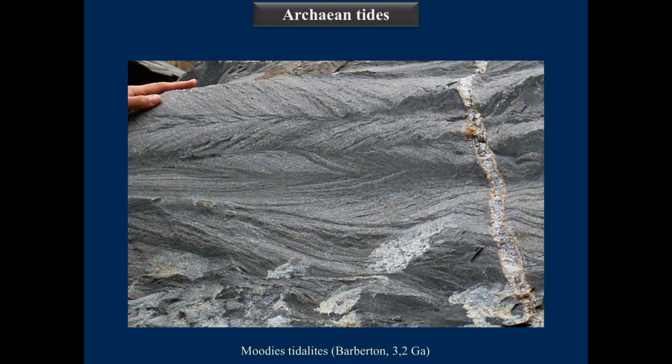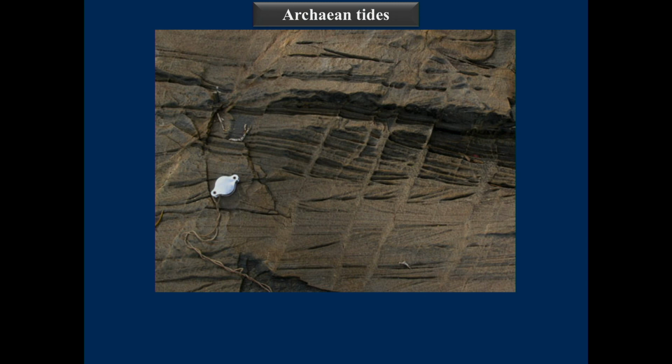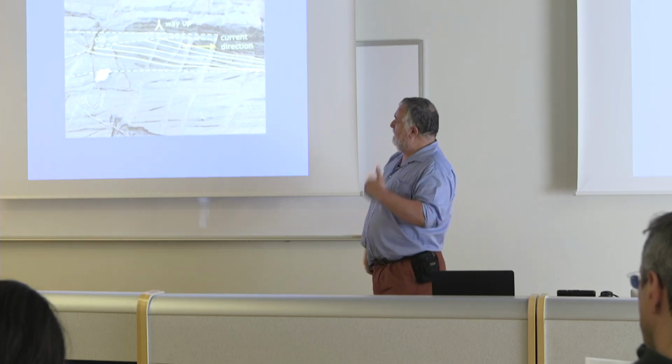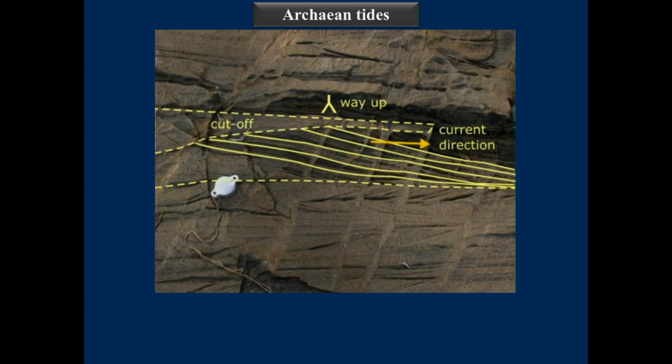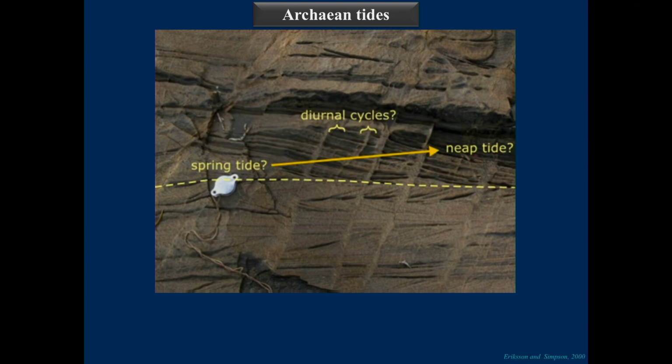Okay. In South Africa, in terrains at 3.2 billion years, there are sandstones that you can see here with a very strange stratification, like this, like that. This kind of stratification has been interpreted as resulting from some current, some displacement of water. The people who study this related it to the effect of tides.